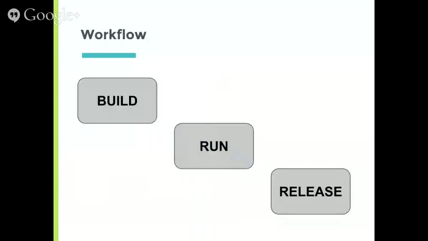So then we set up a workflow that works a bit more like this. We wanted to get an application, build it, make sure we can run it, and once we can make sure we run the application, we release it. It's a bit weird, but I'm going to go through the steps.